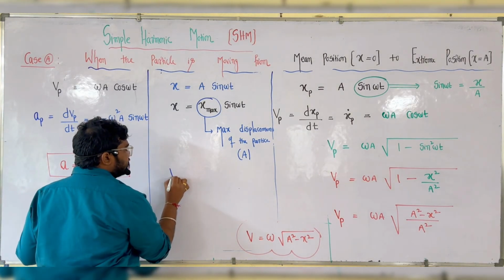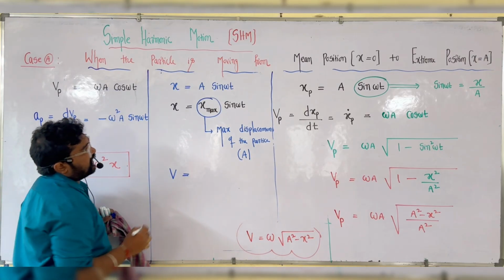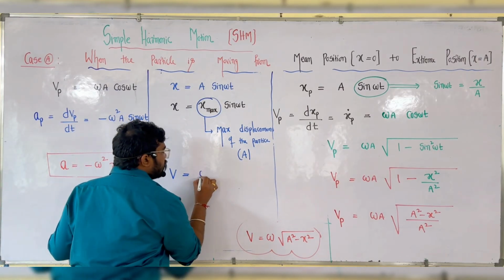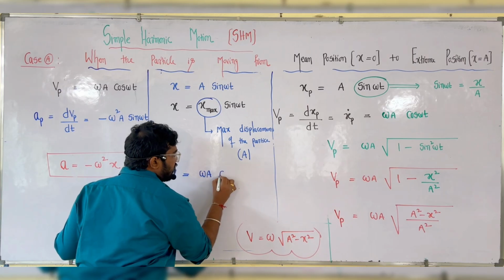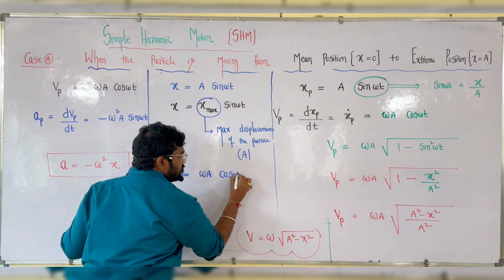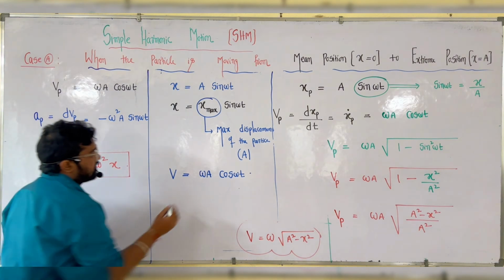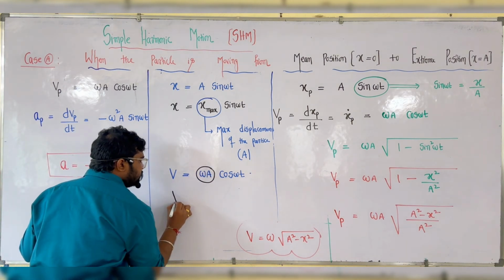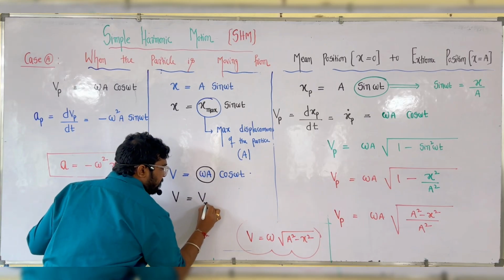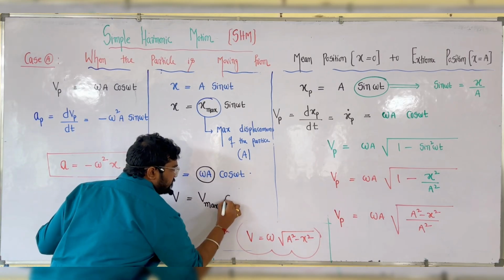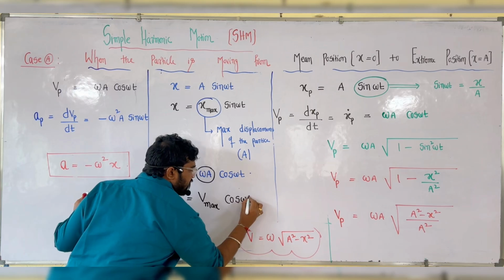So velocity equals omega a cos omega t. We can write it as v equals v maximum into cos omega t.